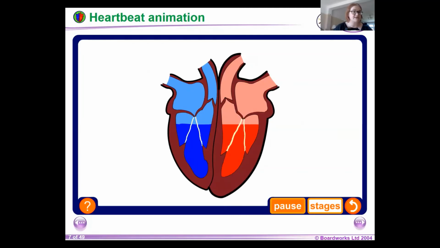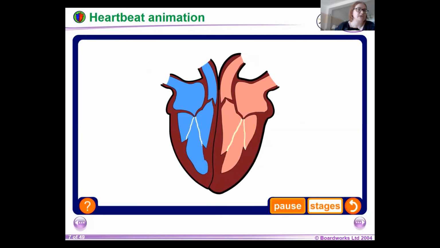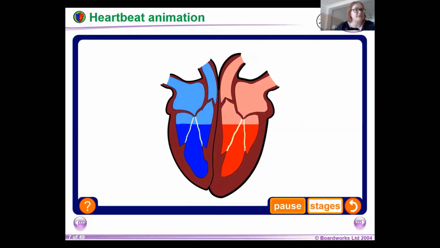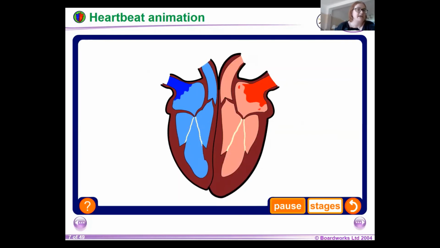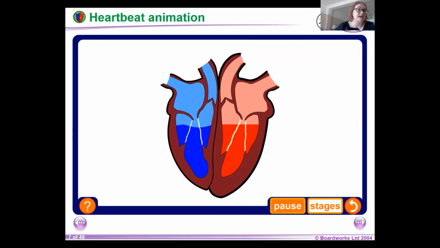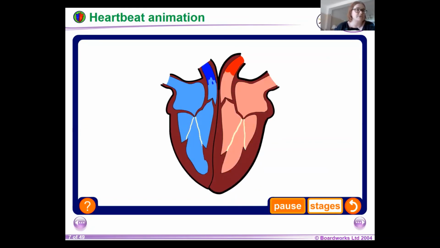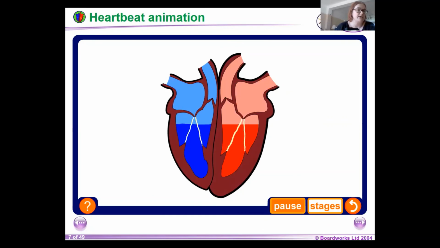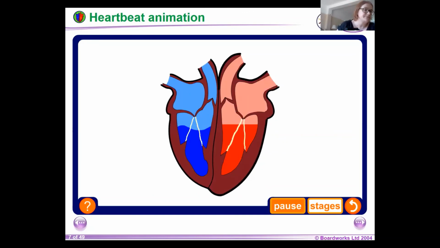I think it's mesmerizing watching that, but it's showing that the blood goes into the top chambers, down into the bottom chambers, and then out of the bottom, and then out through the vessels at the top, either out through the aorta or out through the pulmonary arteries, so it can go off to the lungs. So the two atria at the top squeeze, then the ventricles squeeze, and then it leaves the heart.